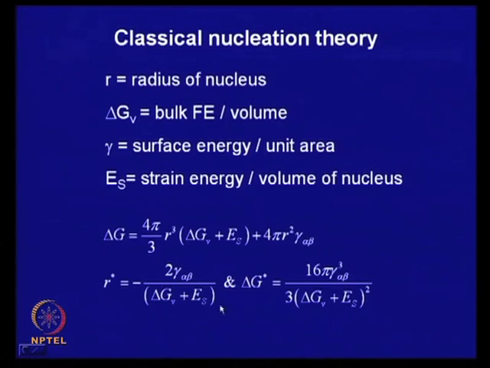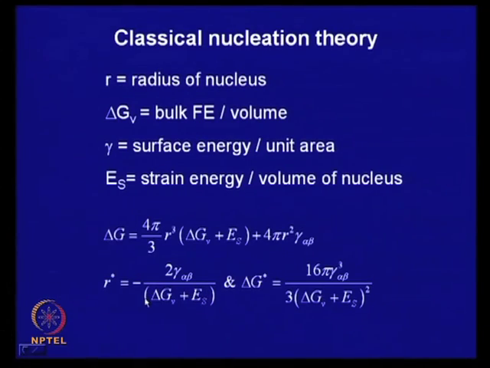Now, if you look at this critically, what is important to recognize is that this is negative and this is positive. So what will happen to r star, that critical nucleus size, if the strain energy increases?